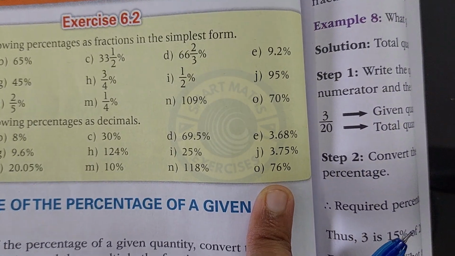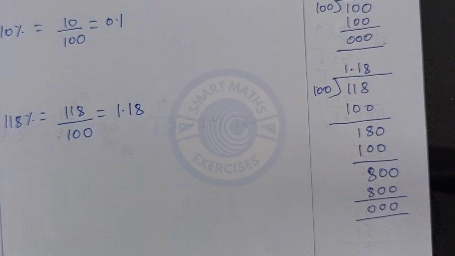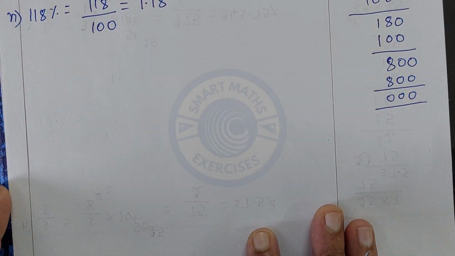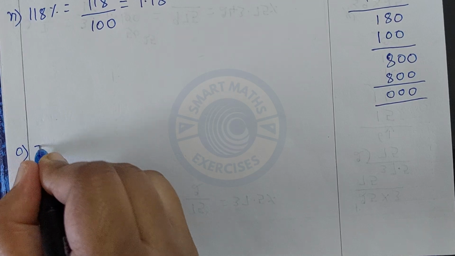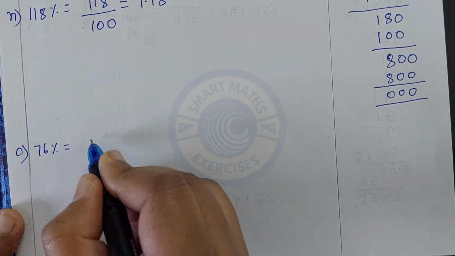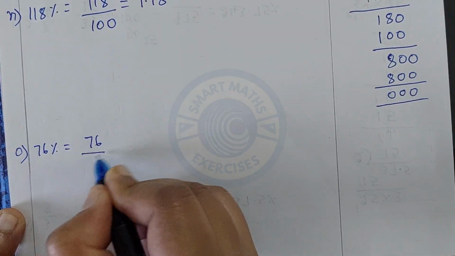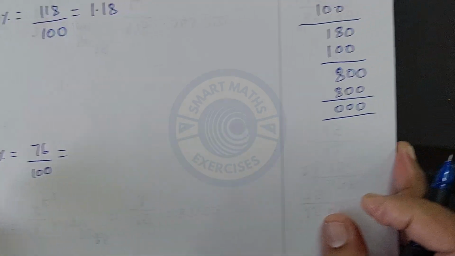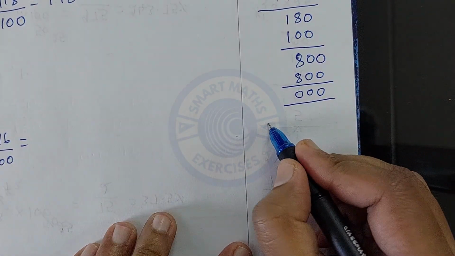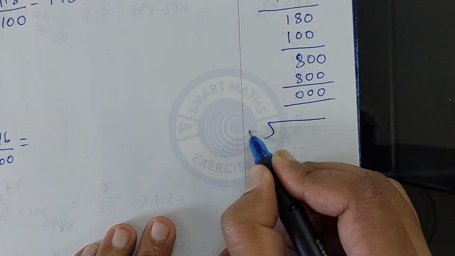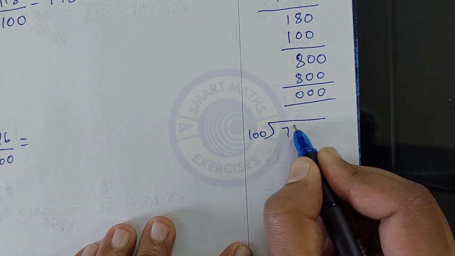Next question is O, 76%. So 76 divided by 100. 100 outside and 76 inside.